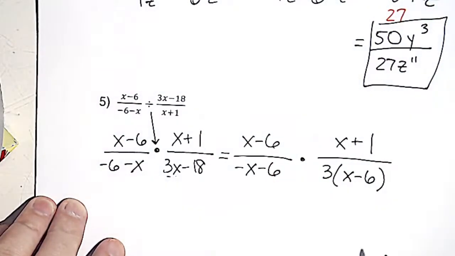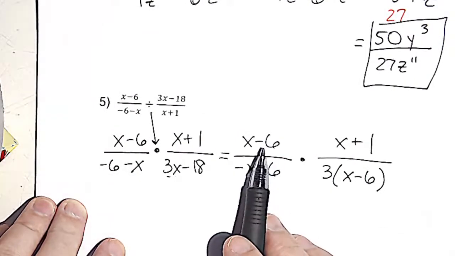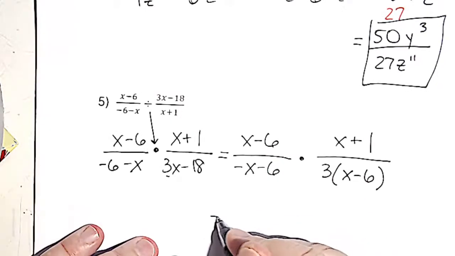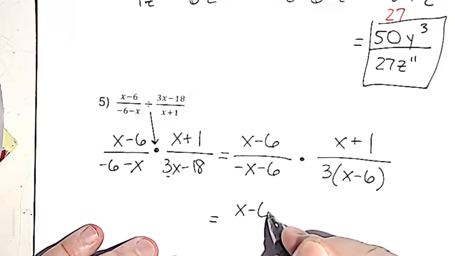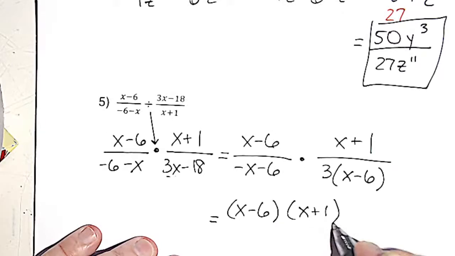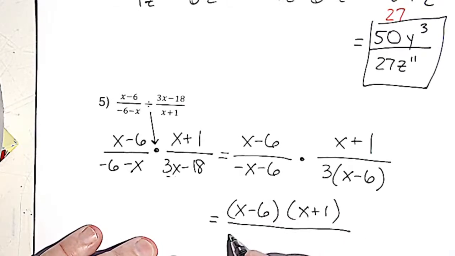So far, I see that the x minus 6 and the x minus 6 are going to cancel, but I don't know what else. So, x minus 6 times x plus 1 all over.